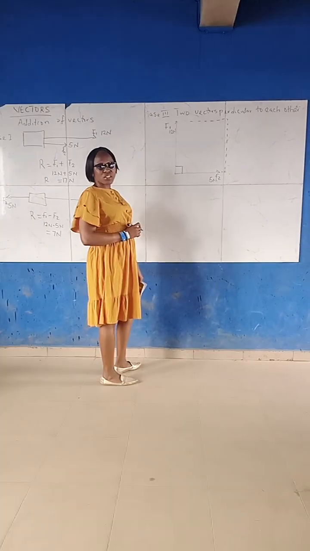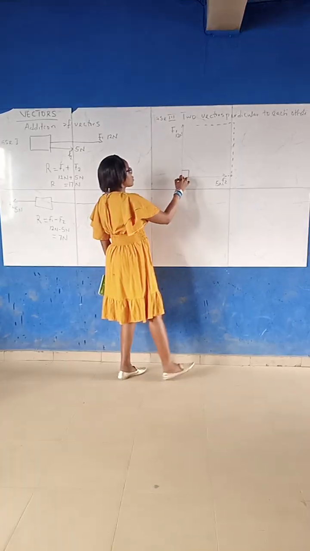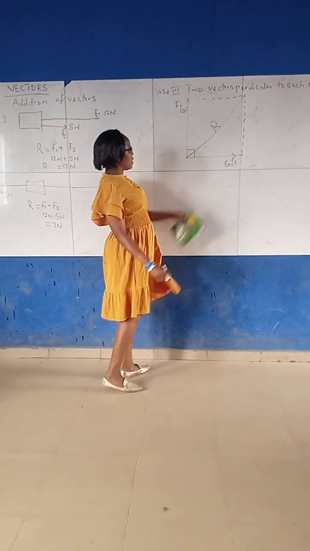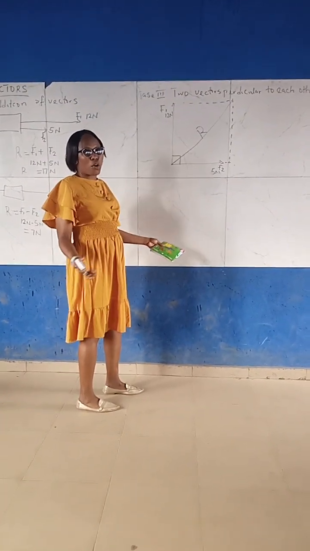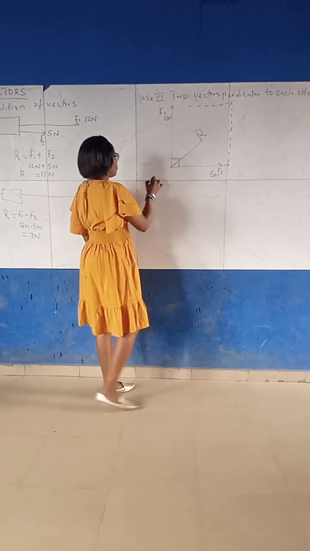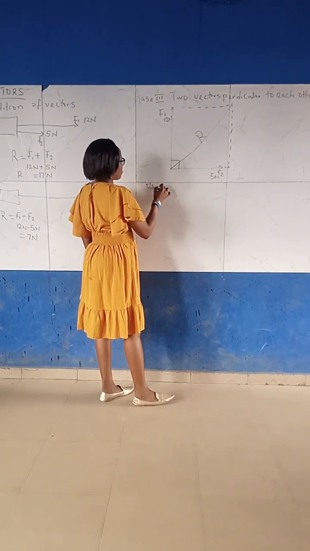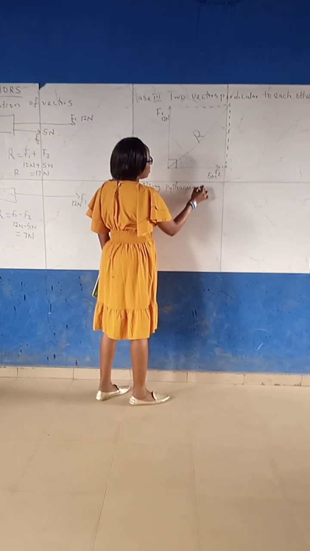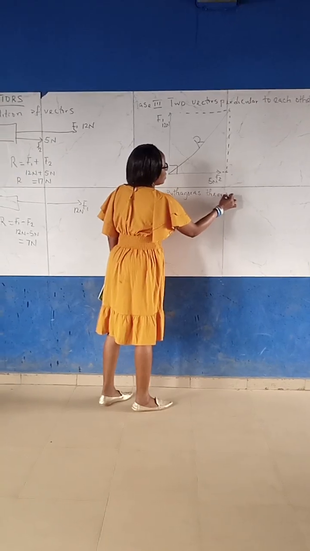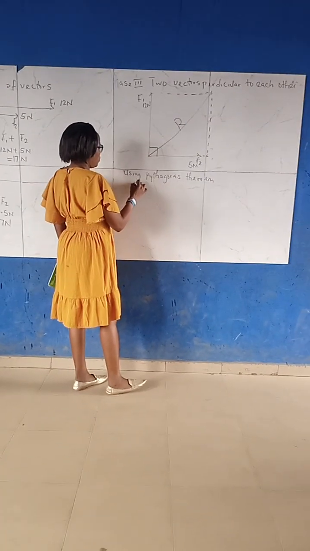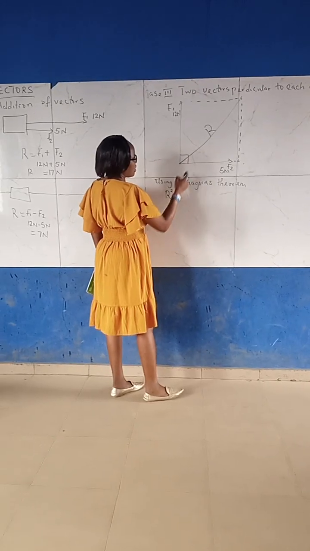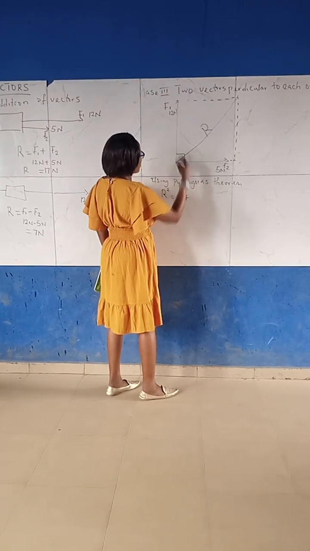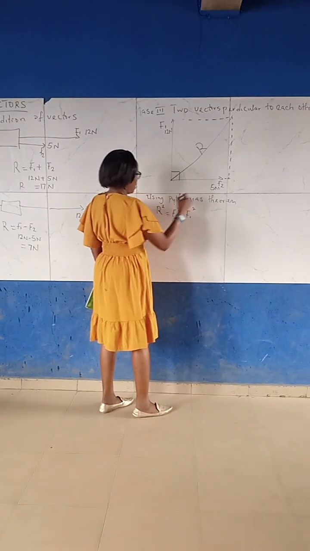Now, to find the resultant, you are going to find the diagonal of this rectangle. So this is my R. And to get the resultant here, you can make use of the Pythagoras theorem, which says hypotenuse squared, which is our resultant, equals adjacent squared F2 plus opposite squared F1 squared.